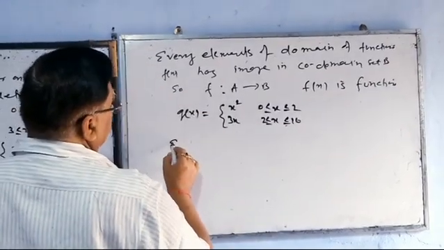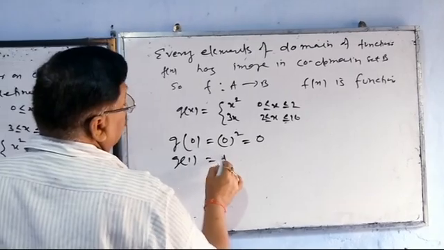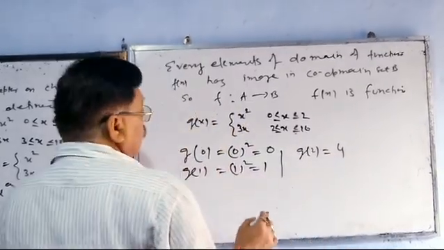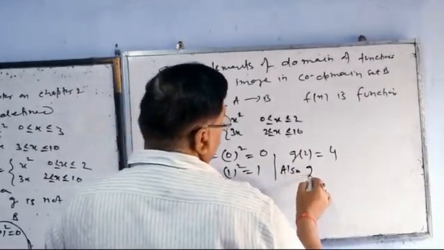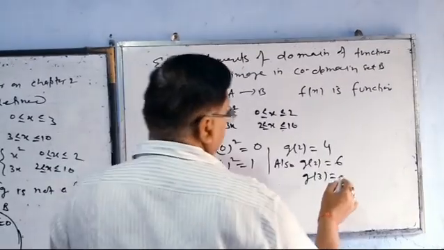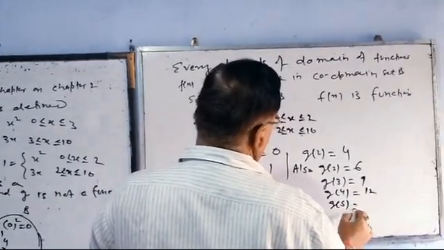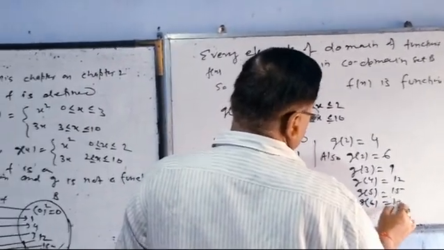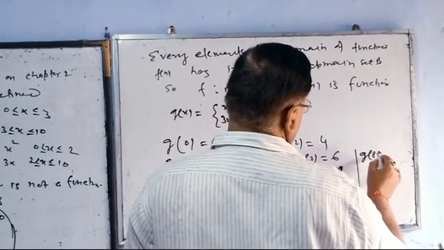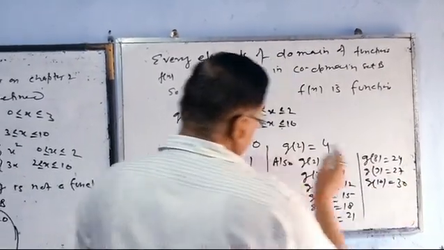Just you see g(0) is 0 square, 0; g(1) is 1 square, 1; g(2) is 4, and also for this g(2) is equal to 6; g(3) is equal to 9, g(4) is 12, g(5) is 15, g(6) is 18, g(7) is 21, g(8) is 24, g(9) is 27, g(10) is 30. So these are the values.